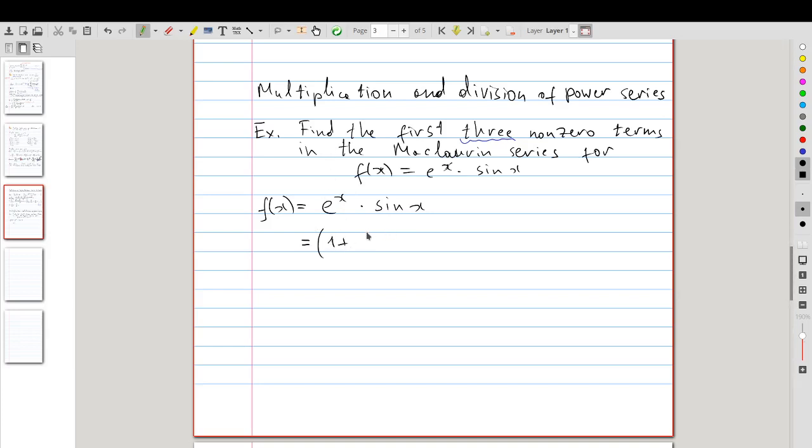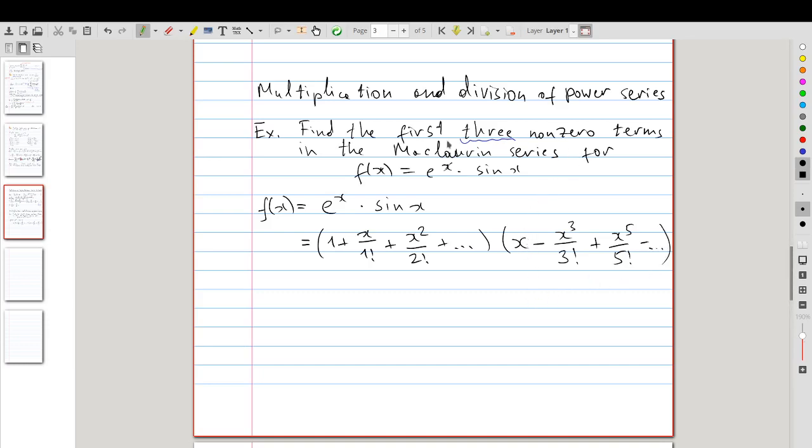If you check your notes, you will see that e to the x is 1 plus x over 1 factorial plus x squared over 2 factorial plus and so on. Whereas sine x has a Maclaurin representation that starts off like so: x minus x cubed over 3 factorial plus x to the 5th over 5 factorial, and so on.